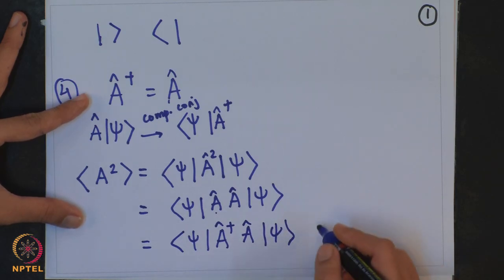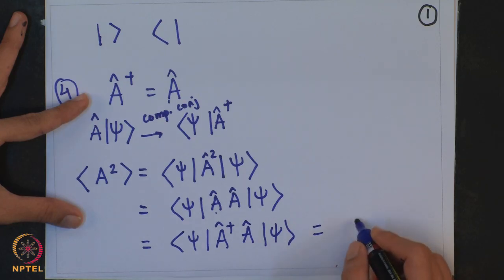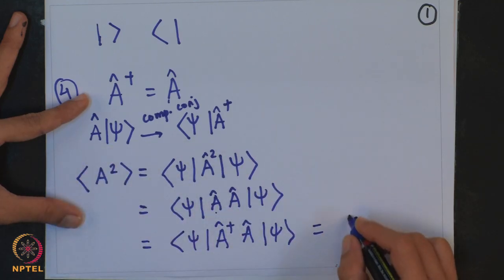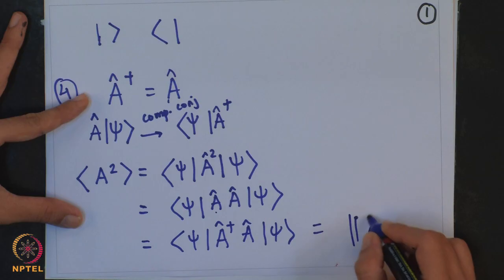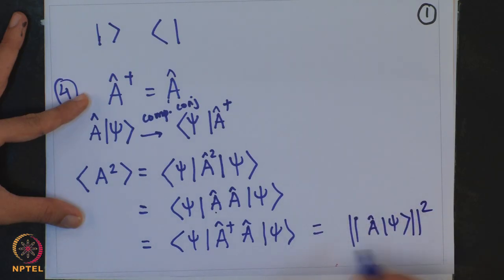This I can write as, we have seen this, right. This will be a complex conjugate to this. I can write this as the norm of this vector, and the norm of any vector is always greater than or equal to 0. This is one way to do it.